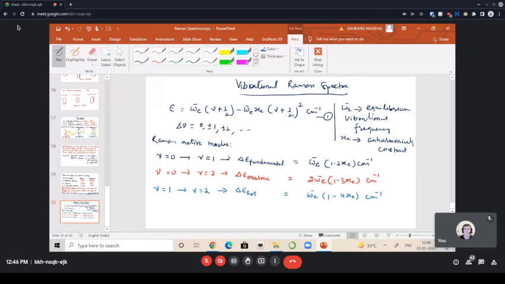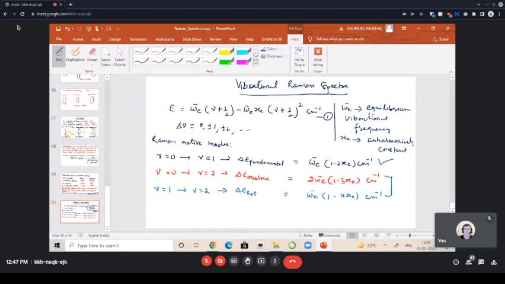Although all these transitions are Raman active, the intensity of the other transitions is going to be very, very weak. So the Raman line will be very weak, and sometimes it will be unobserved. It is not observable in the spectrum. So let us confine ourselves to the fundamental transition only.